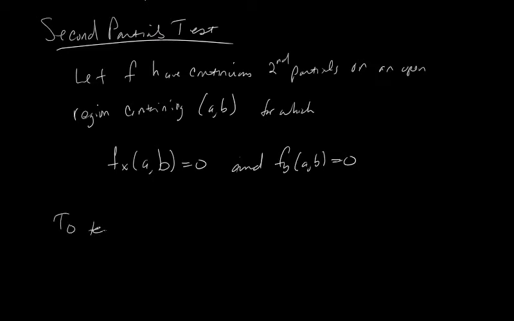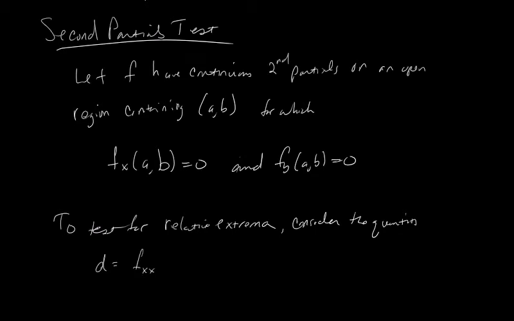To test for relative extrema, consider the quantity D equal to the second partial of f with respect to x at (a, b), times the second partial of f with respect to y at (a, b), minus the mixed partial of f at (a, b) squared.